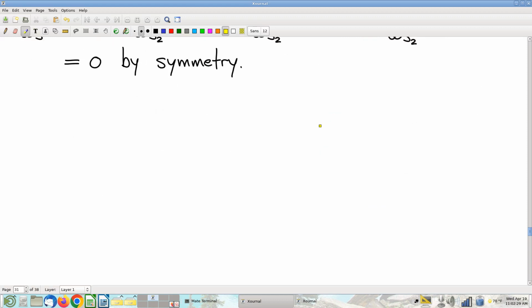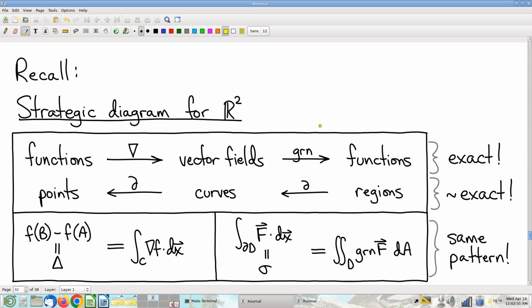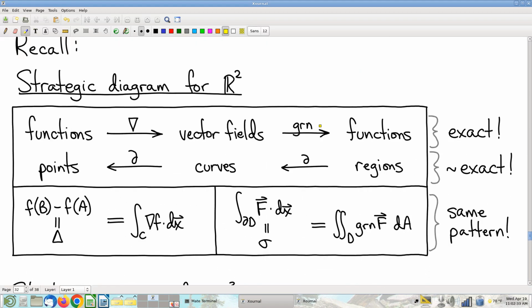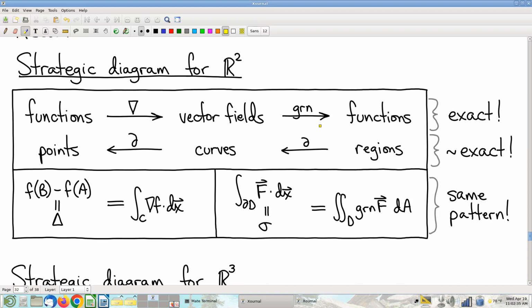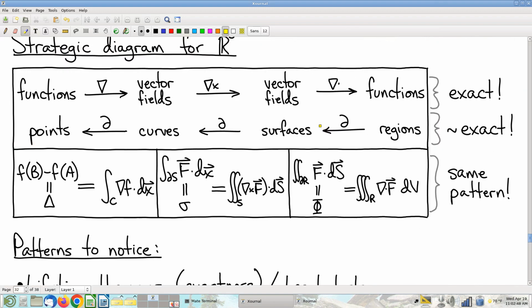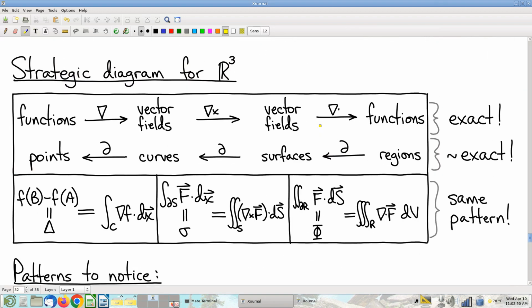Okie dokie. All right. So, let me remind y'all in the 2.5 minutes I have left, we have the strategic diagram for R2. In the same way that this organizes and does bookkeeping for you for vector calculus theorems in 2 dimensions, we have an analogous thing in 3 dimensions.